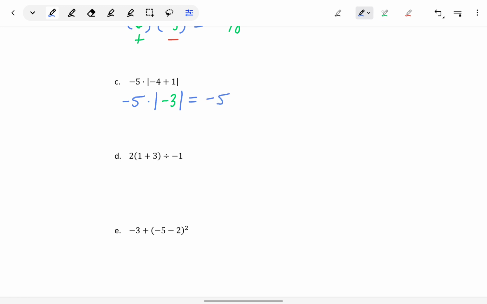So this will become -5 times +3, because the absolute value bars take that number inside them and make it positive, as long as we first evaluate that expression. So we do the addition step and then evaluate the absolute value. And now our last step will be to multiply a negative number times a positive number. So our result will again be a negative number, and it will be 5 times 3, which is 15, so -15.